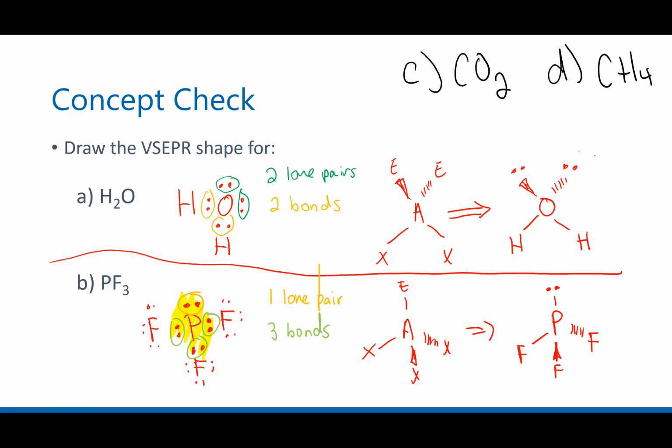I know you can draw on my screen, but really, if you want to check your answers with me in the next 2 minutes, all you have to do is type the name of the shape in the chat. If you can type the name of the shape, linear, bent, tetrahedral, trigonal planar, trigonal pyramidal, then I'll know you have it correct. So try these 2, C and D, and I'll be back in 2 minutes.